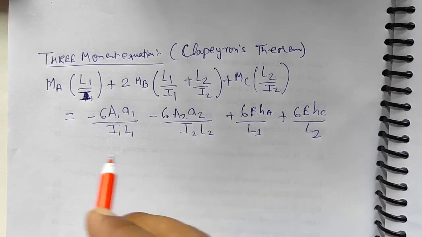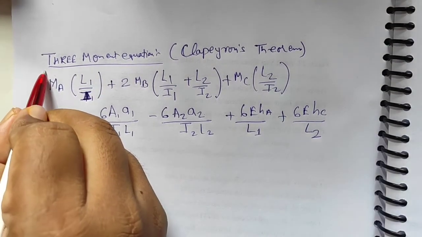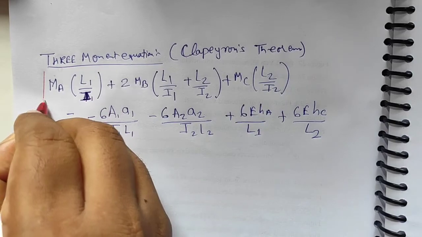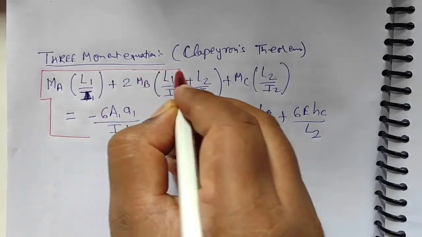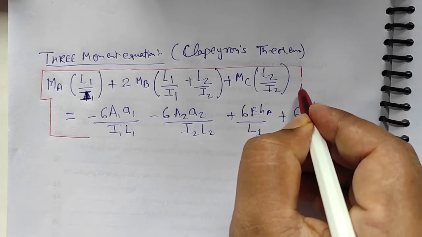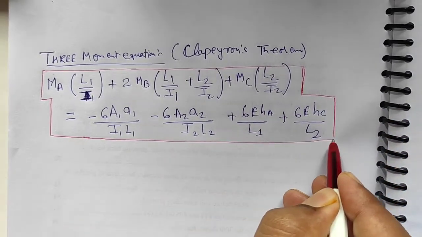So in this formula we have already discussed all the specifications or labels for the equation. Again I am repeating the labels that we have taken here.